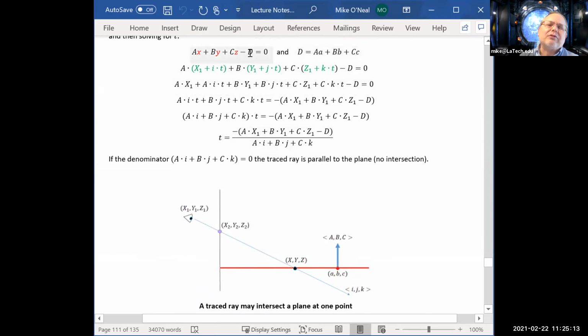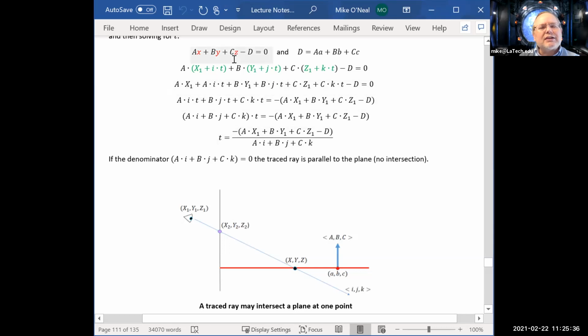Basically, it's locking down where our plane is in space. And again, the A, the B, the C is the surface normal. So what's X, Y, Z? Well, when this equation equals 0, x, y, and z is a point on the surface of the plane, such as this point right here.